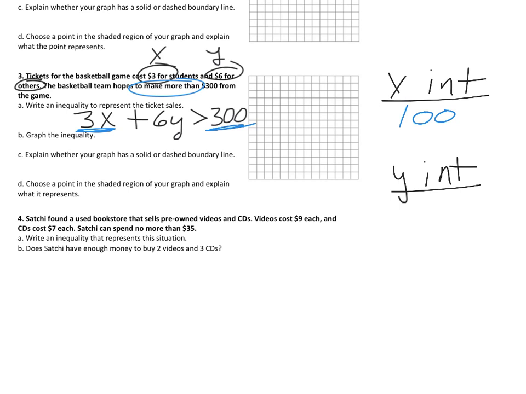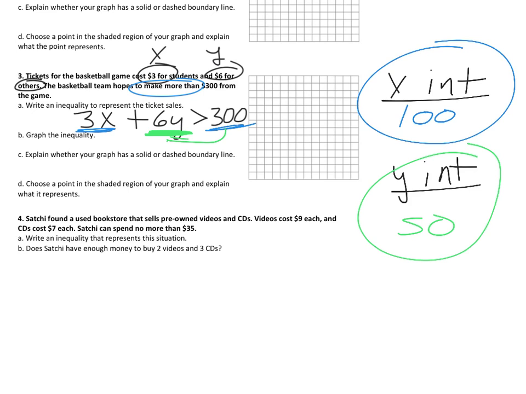To get your y-intercept, if you sold nothing but tickets to other people, 300 divided by 6 means you would have to sell 50 tickets. Some people had 3 and 6 graphed on there. That's not what that means. It means how many tickets would you need to sell if all you sold was student tickets. You would have to sell 100. If all you sold were other people tickets, you would need to sell 50. So that is what your intercept should be.